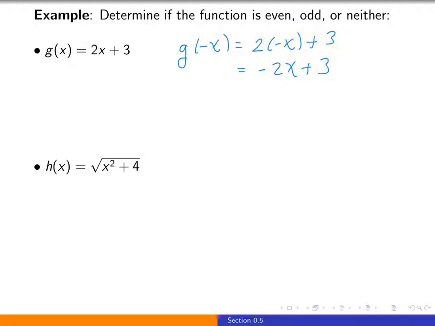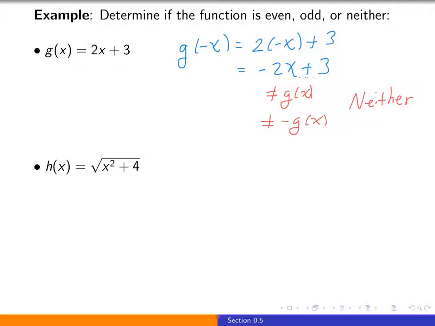And, well, looking at what we have, minus 2x plus 3, that's not equal to the function g of x because of that minus sign. But at the same time, it's not equal to minus g of x because of the plus in front of the 3. So this function has no symmetry to its graph, neither.